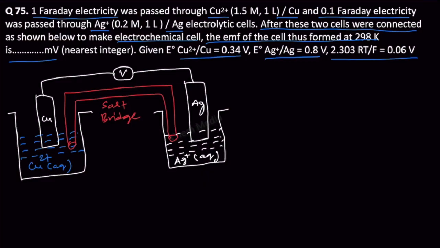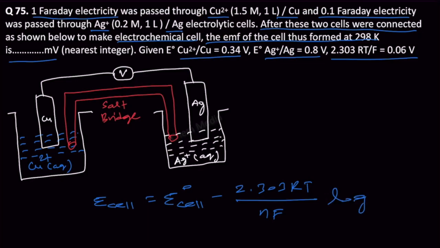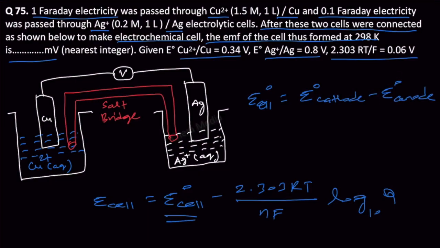So we have to use the Nernst equation to find the electromotive force. Nernst equation is E cell equal to E cell standard minus 2.303 RT divided by nF log Q base 10. Now E cell standard is the standard reduction potential of the cathode minus the standard reduction potential of the anode.